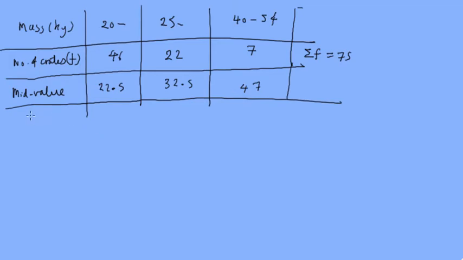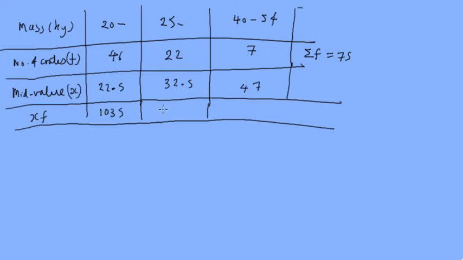And now we need to find x multiplied by f. So in this one here, because it's ungrouped, we use the mid value, it's going to be our x. So these two multiplied together is going to give us 1035. This will be 715, and this will be 329.